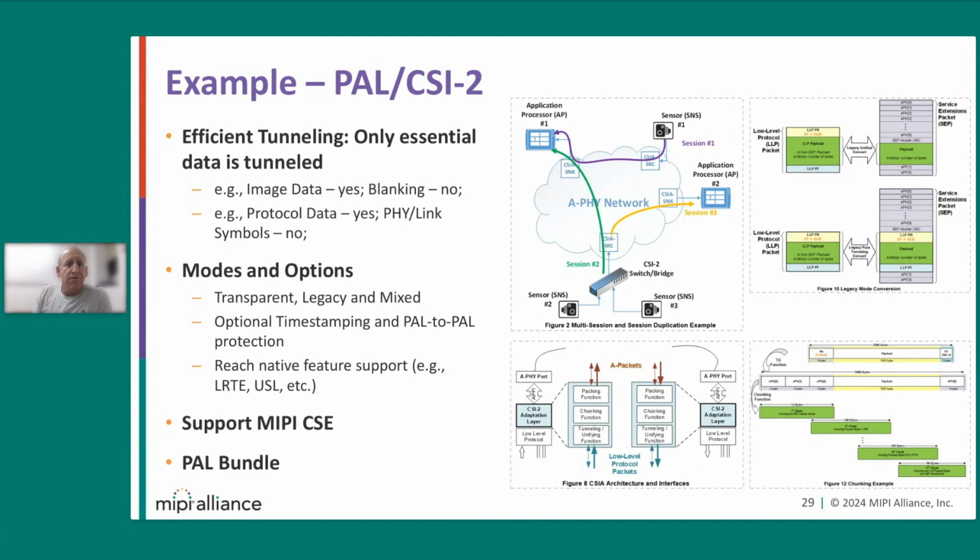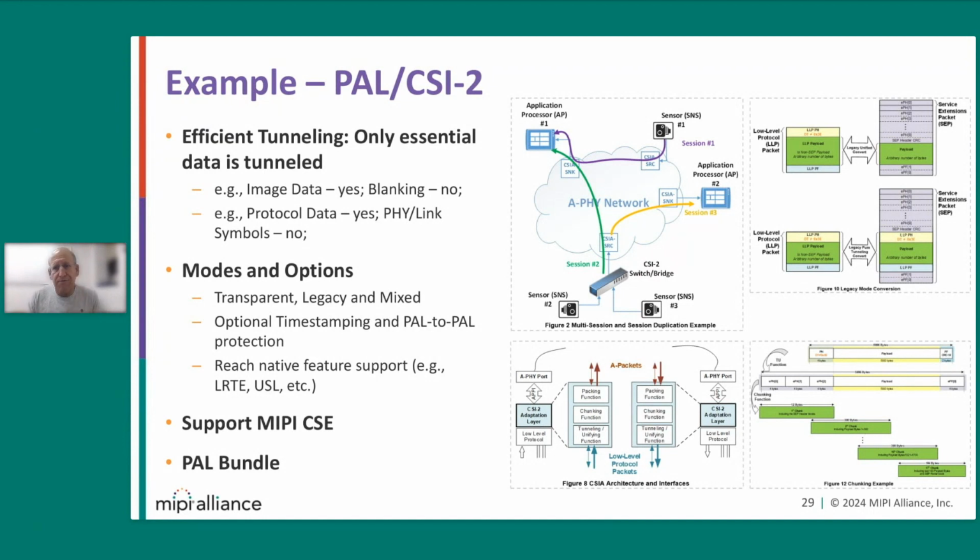Also, there is an optional timestamping and PAL-to-PAL protection, as we discussed. And there is rich native feature support for features that are supported with CSI, such as LRTE, USL, and others. Support for MIPI CSE, as we discussed, and the PAL bundle, as we discussed.